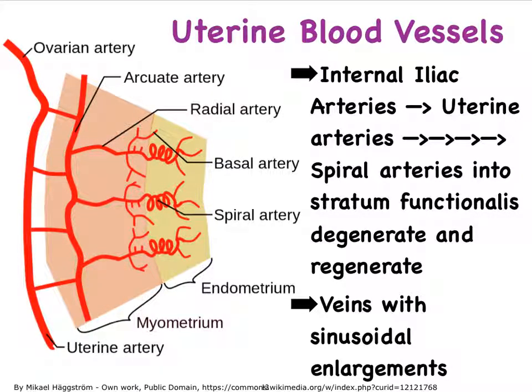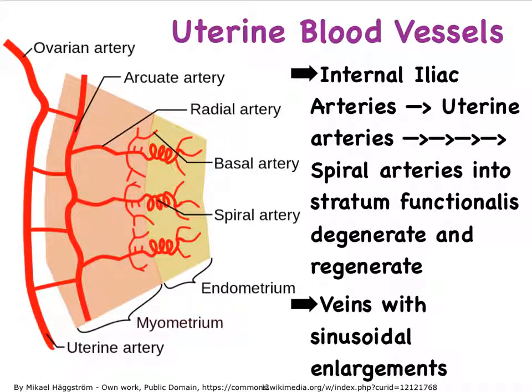The uterine arteries are going to branch and branch and branch and branch, as you see here, throughout the perimetrium, myometrium, and eventually reach the endometrium to form what are called the spiral arteries.